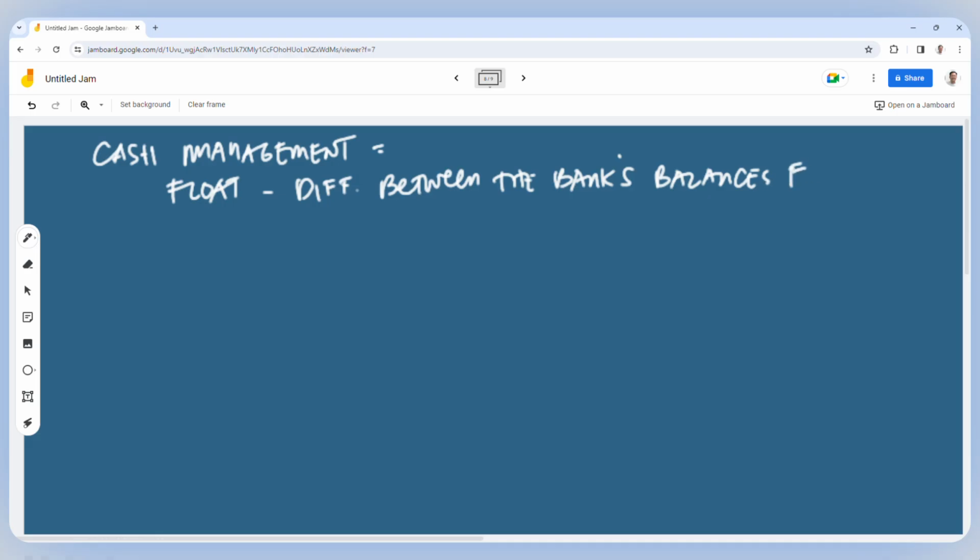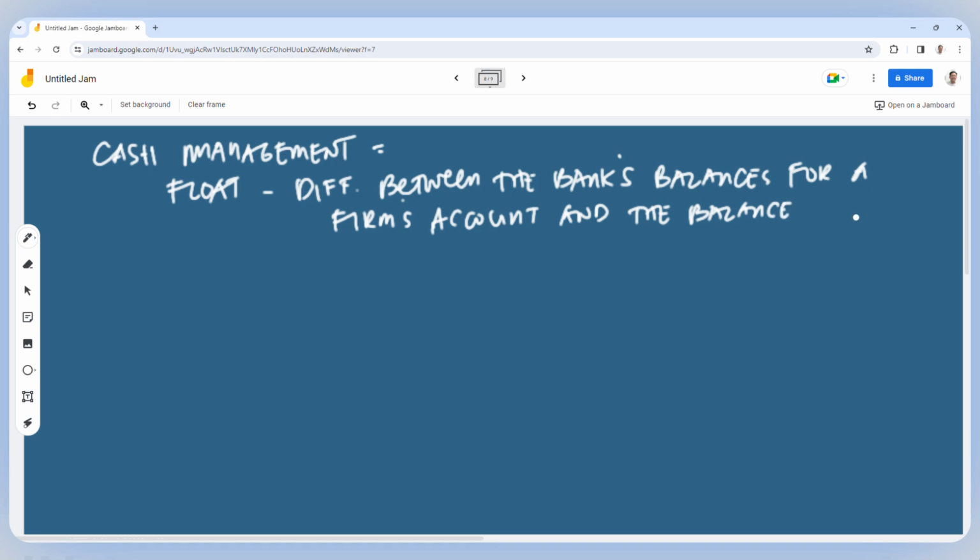For a firm's account, ibig sabihin, there would be difference, no? For the firm's account and the balance, no?